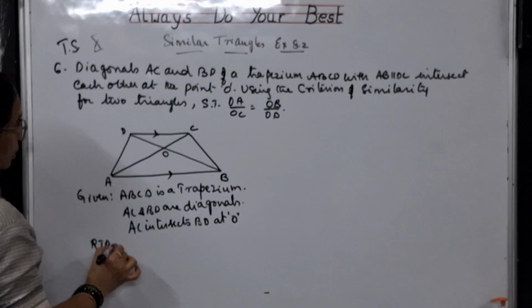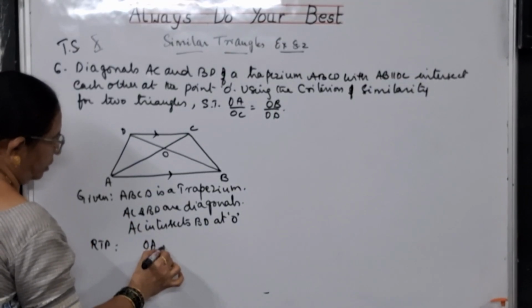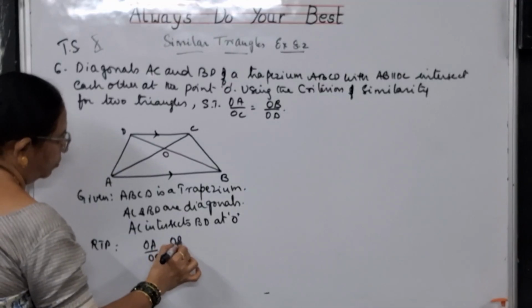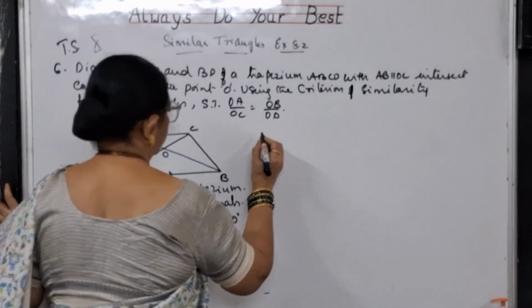What is RTP? You need to prove that OA by OC is equal to OB by OD. Now let us see the proof.